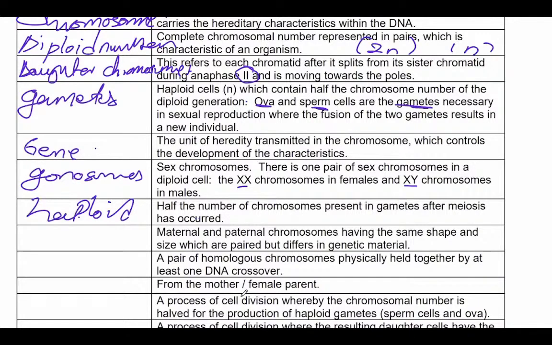Same shape, same design, same color, everything is the same. But when you enter inside, you'll find something different. Same structure of chromosome, same size, they move together. This is from the mother, this is from the father.